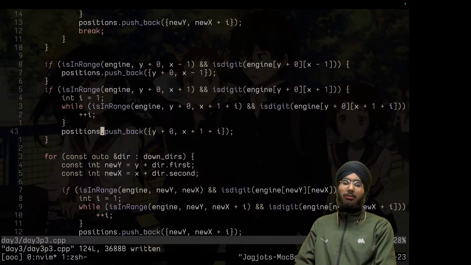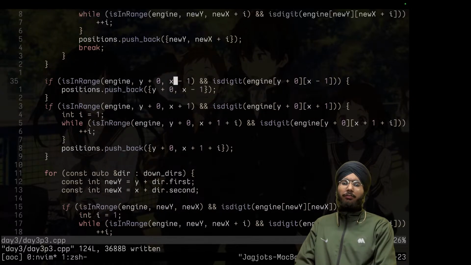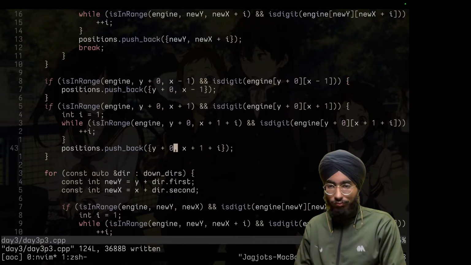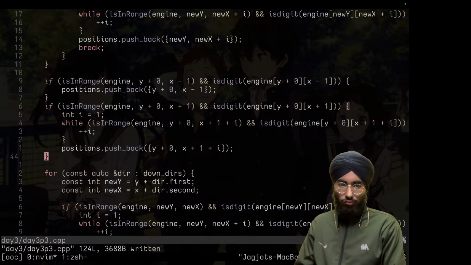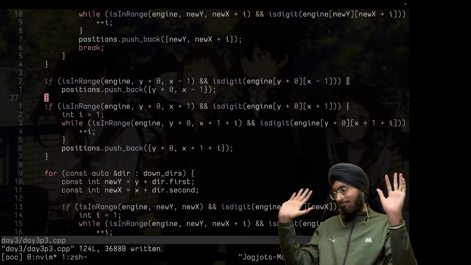And this digit position of the swag. Why it's not working? Okay, let's do that tomorrow.